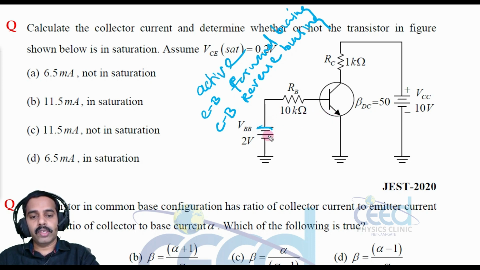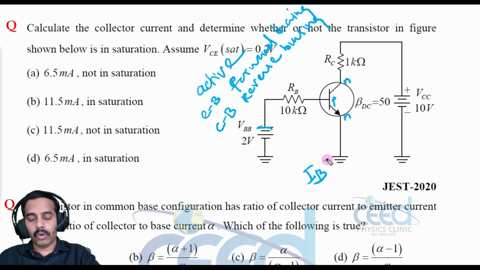Here we have given the positive voltage. This is the basic diagram of an NPN transistor, so positive is connected to positive. Let me calculate the base current, whether the base current is flowing or not. IB is already in forward biasing.